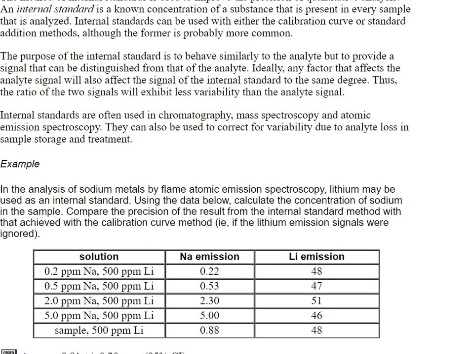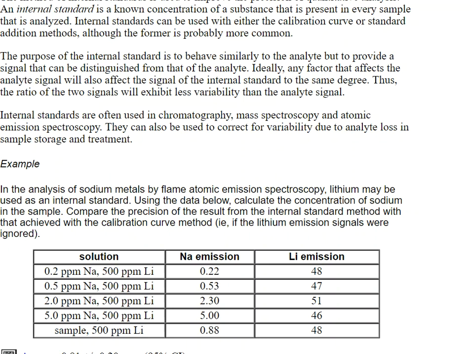But I know that there's variability in all of the analysis parts: the preparation, the instrument, the injection, how it sees its sample. I know it's going to happen everywhere. So the numbers are going to be close, but they're not going to be identical. And that's what I'm seeing, right? 48, 47, 51, 46, 48. They're all in the ballpark figure. Reasonable.